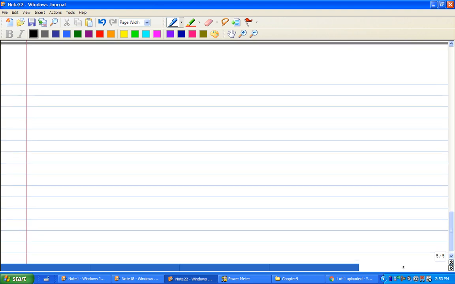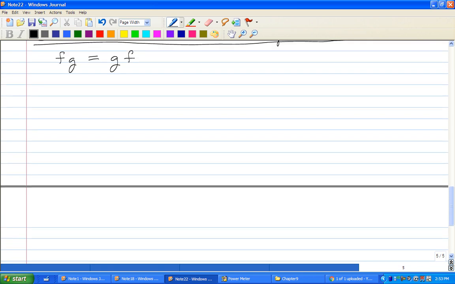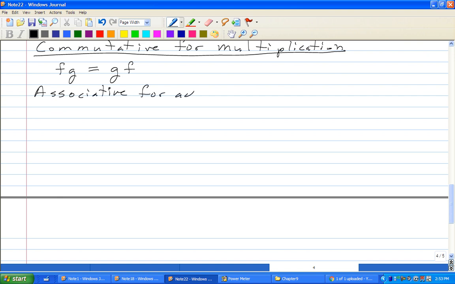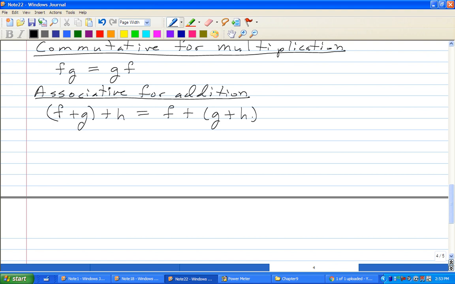We have the associative property for addition. Which says that if f, g, and h are functions, then f plus g added to h is the same as f added to the sum of g and h.